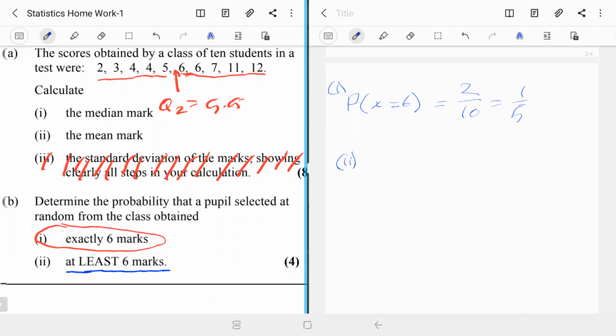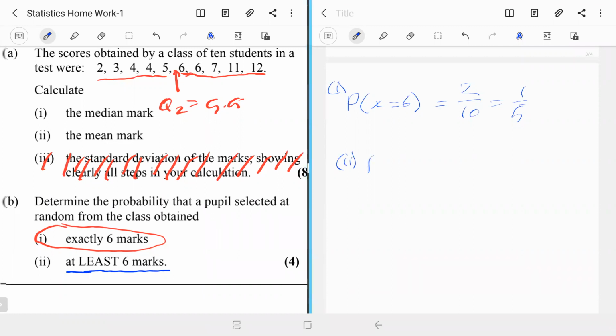Don't let the word least cause you to think it's less than. If somebody asks how much for a party, you say at least $200, meaning $200 or more. So at least 6 means 6 or more.